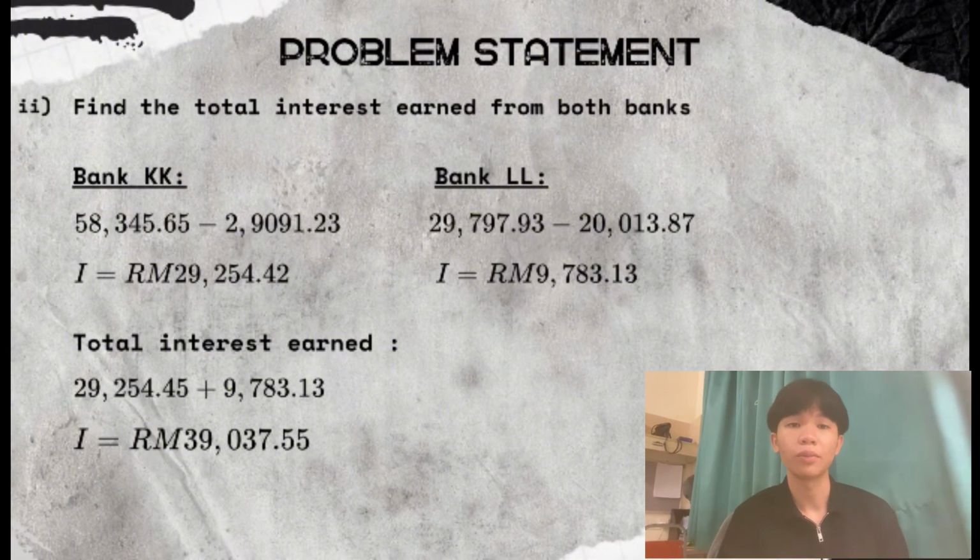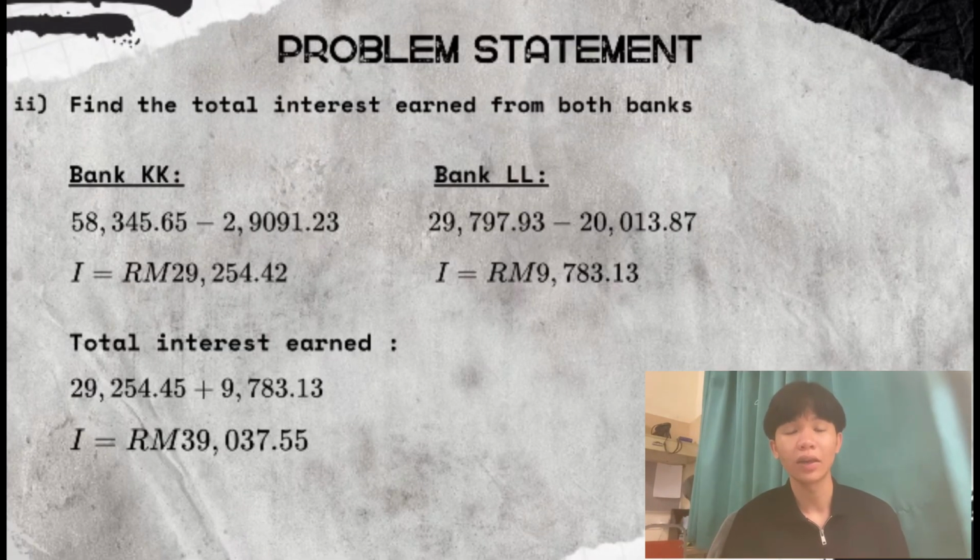So question B, Part 2 asks us to find the total interest earned from both banks. So for Bank KK, 58,344.65 minus 29,091.23. So I for Bank KK equals RM29,254.42.